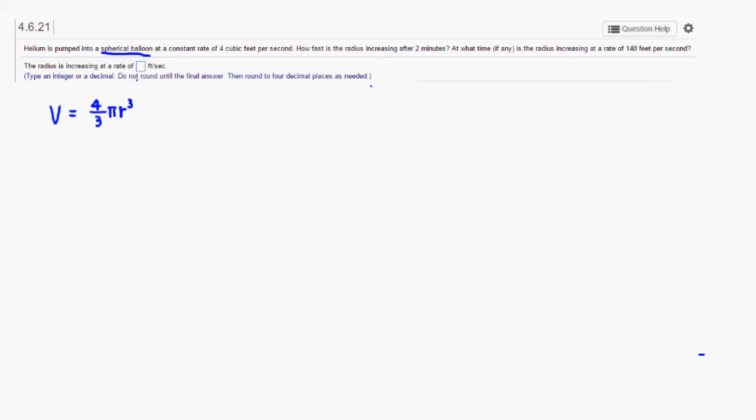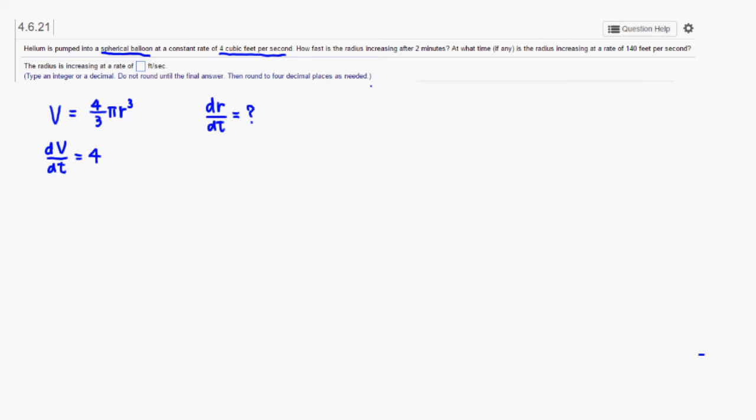The helium is pumped into it at the rate of 4 cubic feet per second, so the rate of change of the volume V with respect to time is constantly 4. The question is, how fast is the radius increasing? So we are looking for dr over dt. This is what we are looking for.